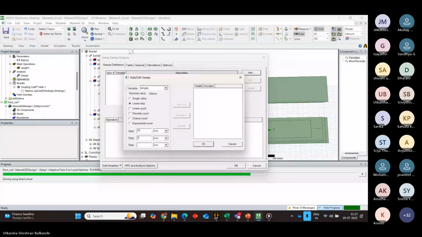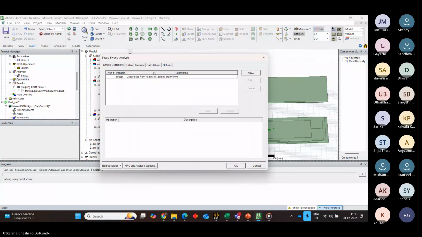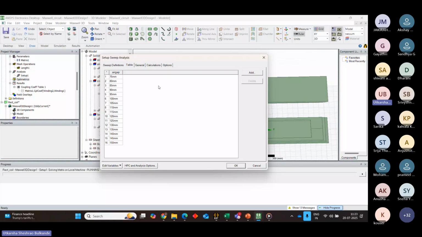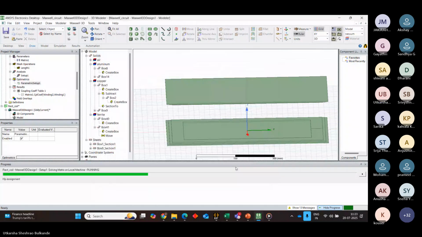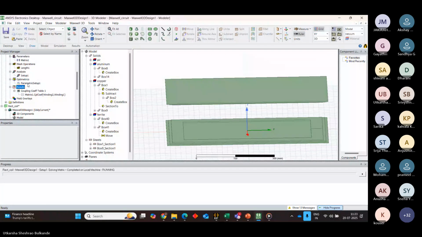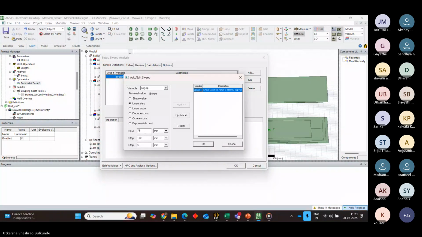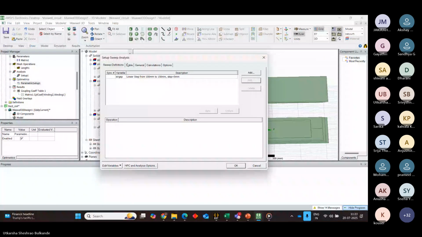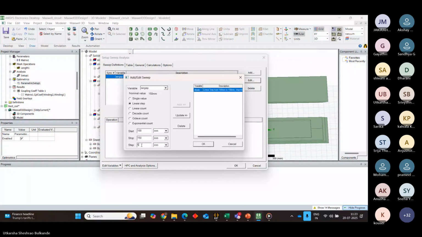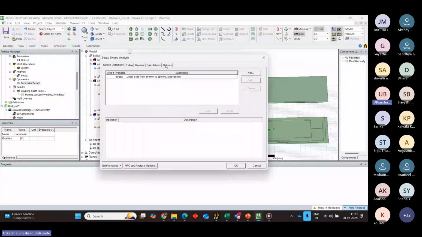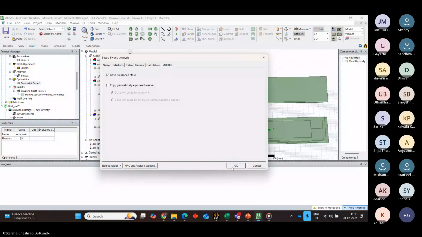It's too many values. This much I don't want. 50. Update. Okay. Save. Okay.